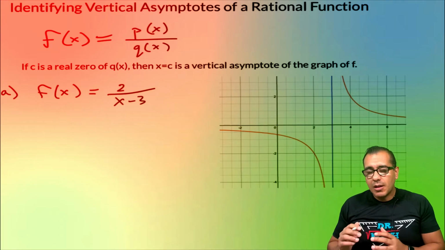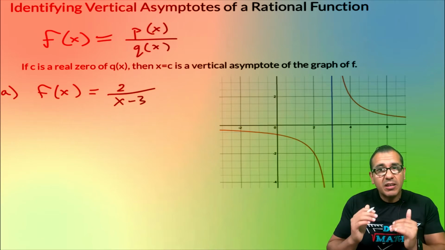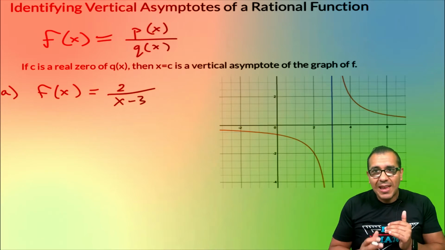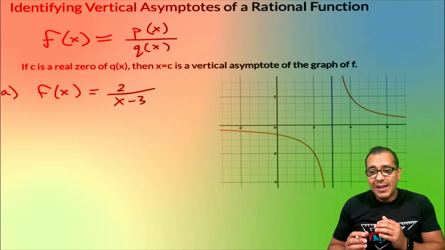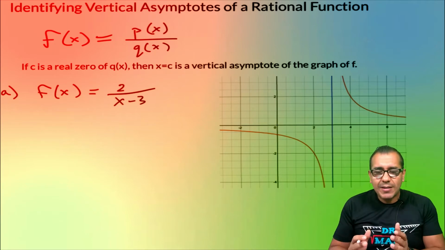Later on, we've got to be extra careful because we're going to see some cases where we factor the numerator and denominator, and we're going to see some cancellation happening. Whenever the cancellation happens, we're going to end up with a hole in our graph. But right now, we're just focusing on vertical asymptotes.